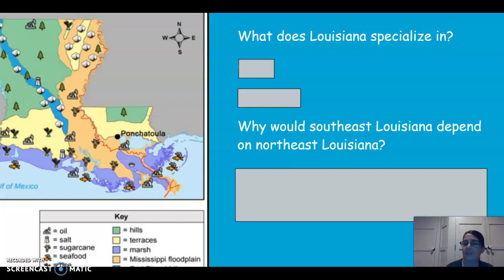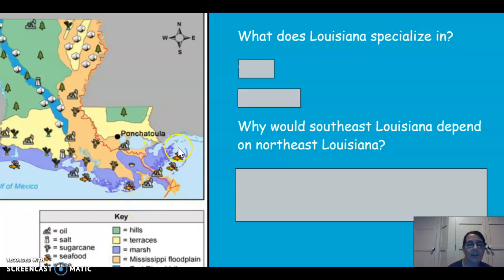Remember, we talked about Louisiana being a very unique state. Well, it's different because it can grow and do services for our people that other states can't. For example, if I look at this resource map, I see oil, salt, sugarcane, seafood, rice. Cotton is down here, but you can't see it.